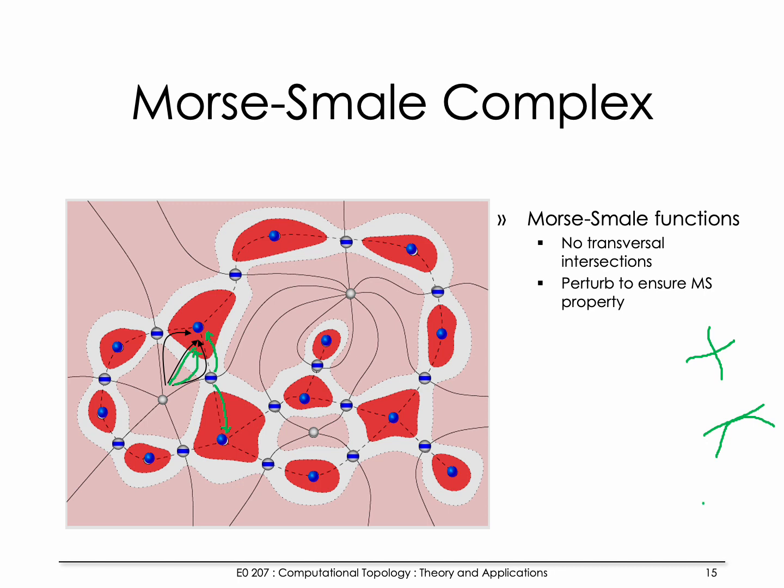So for example, if you have a surface, and this is a descending two manifold, let's say, and you have an ascending manifold, you want the ascending manifold to intersect transversally exactly at one point.